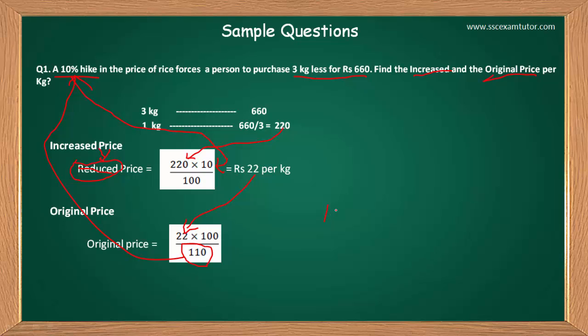So consider you have 100 rupees and you got a hike of 10%. So at the end you will have 110, right? So this is what I have used. So on solving this equation, you will get rupees 20 per kg, that is the original price.